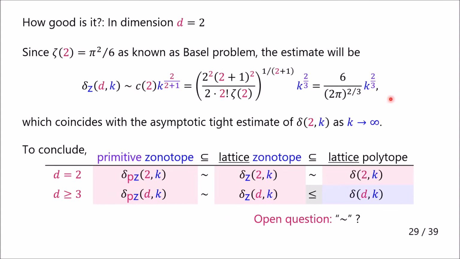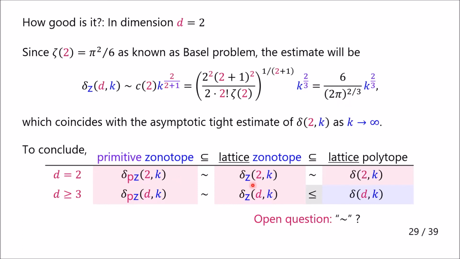Hence, in dimension 2, the asymptotic diameter of lattice zonotopes coincides with that of lattice polytopes, as I mentioned earlier. This is the same as the constant I mentioned earlier.